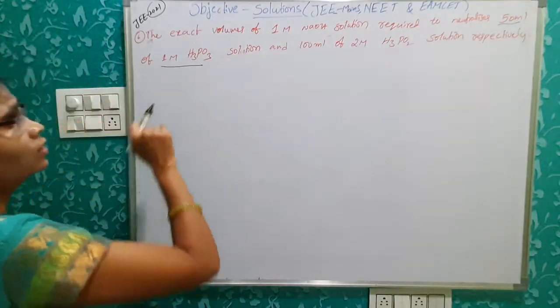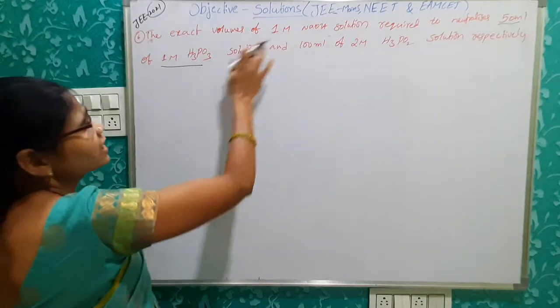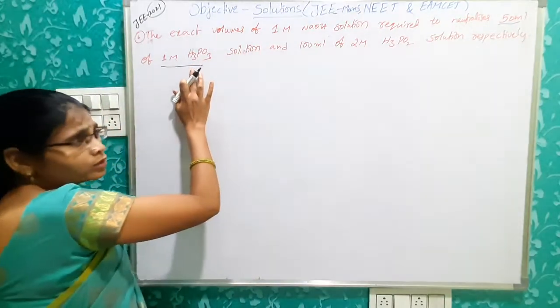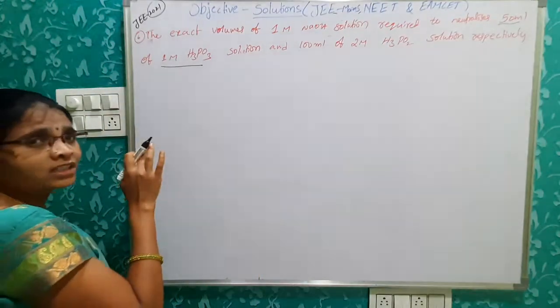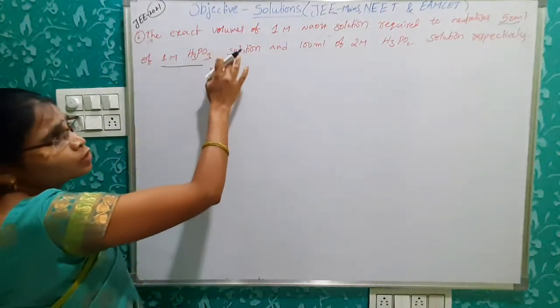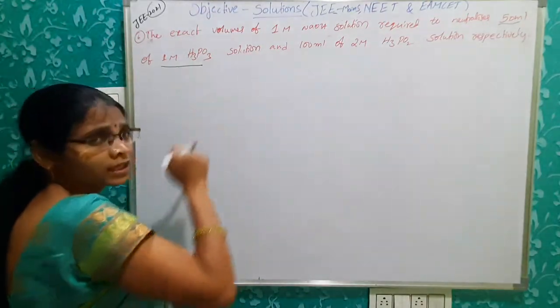Okay. So what you get simply here, NaOH reacts with both H3PO3 and H3PO2. So for both reactions we have to calculate how much volume of NaOH is required.